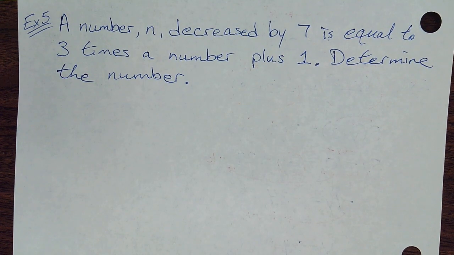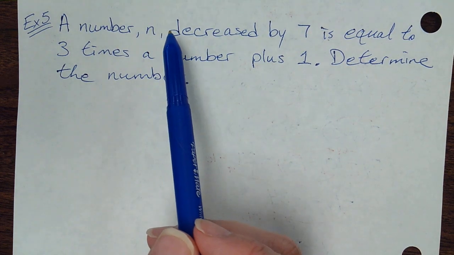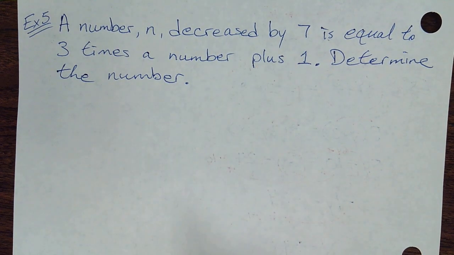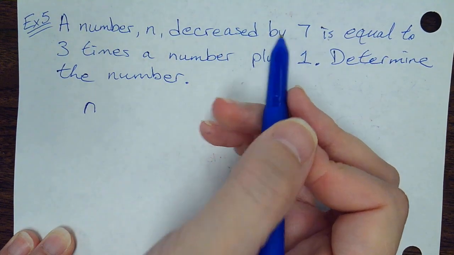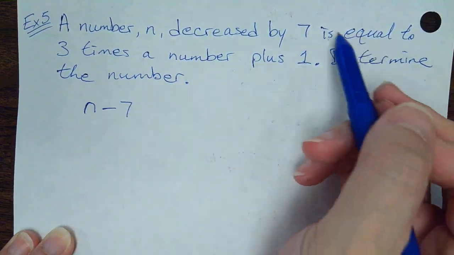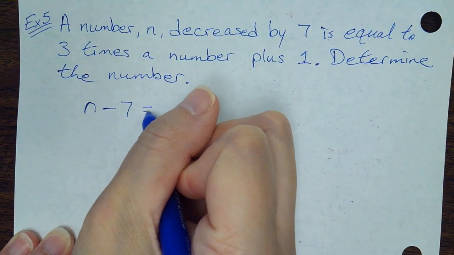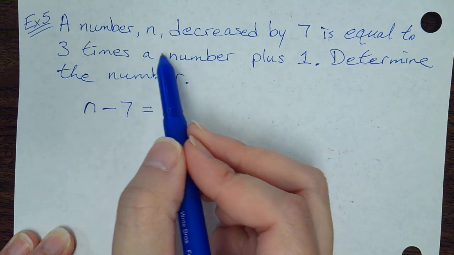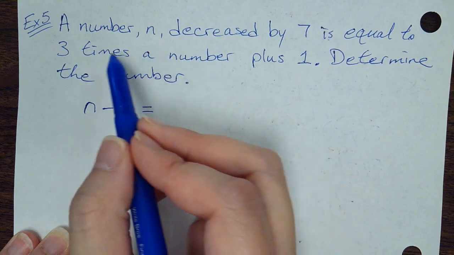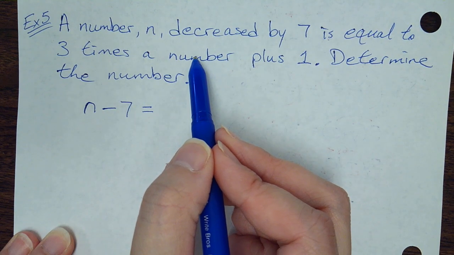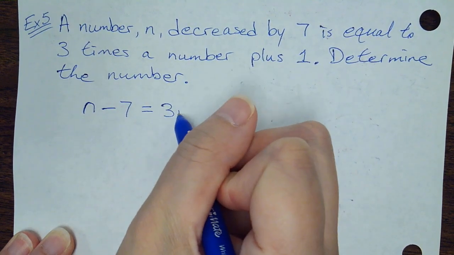Okay. Deandra, can you help me with this one? Just the first part. A number decreased by 7. Can you translate that to math? Yeah, is equal to 3 times the number, 3 times the number n.